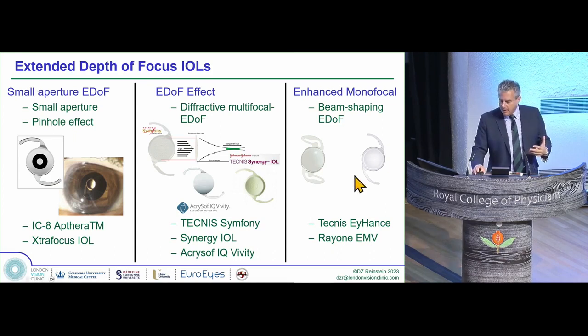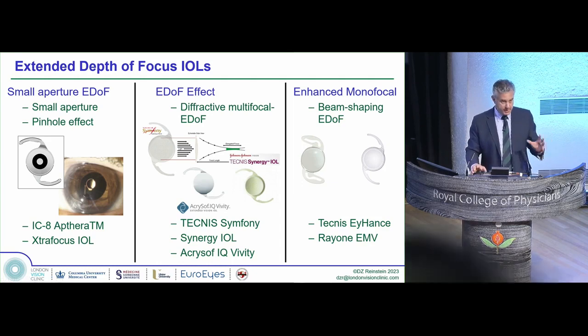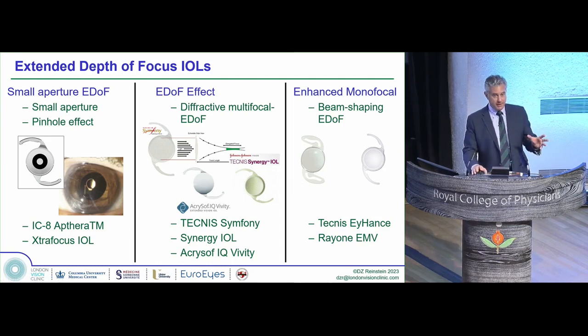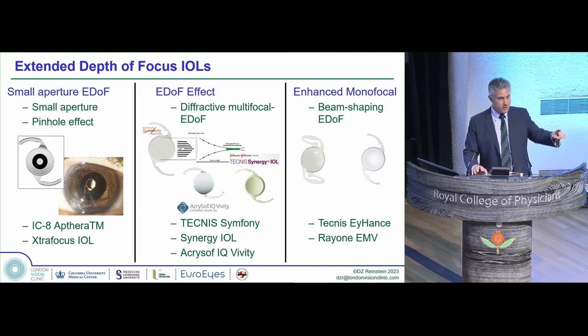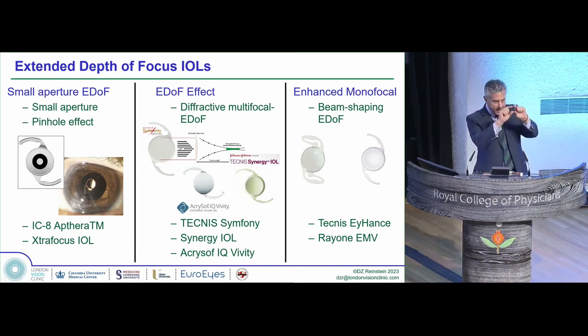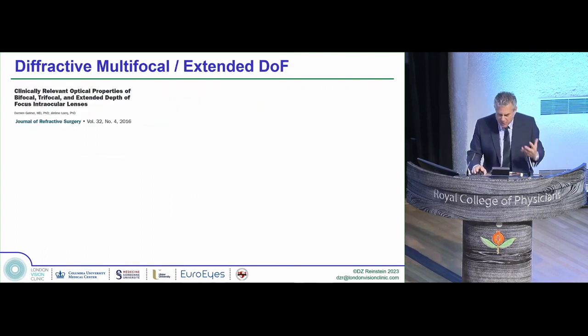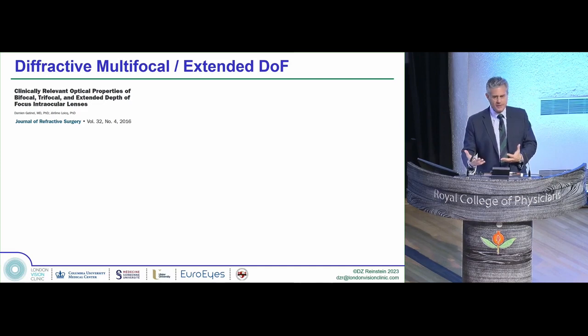And they managed to even convince the wiki page writer that the Vivity was an enhanced monofocal. Now, I don't know if you've seen this lens at the slit lamp. It's a refractive segmental lens. It's not an EDOF. It's not like the Eyehance, which has a continuous profile. It's so exhausting when the industry treats us like morons.